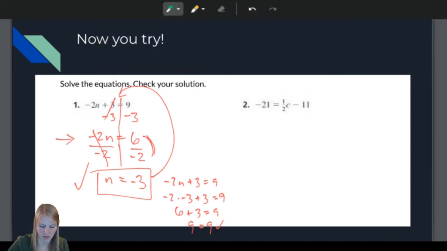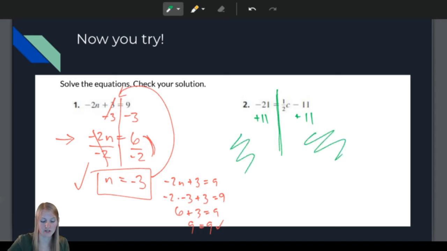Alright, next problem. I have 1/2 times c minus 11. So first I'm going to do what's furthest away from the c first. So I'm going to add 11 to both sides of the equal sign. That's why I draw this line. I'm talking about this side and this side.